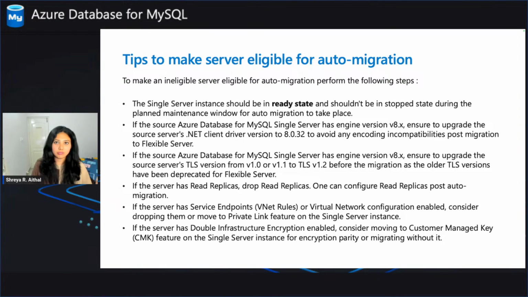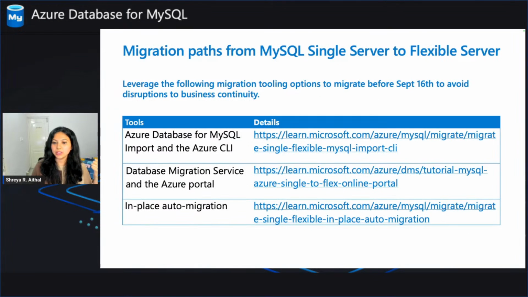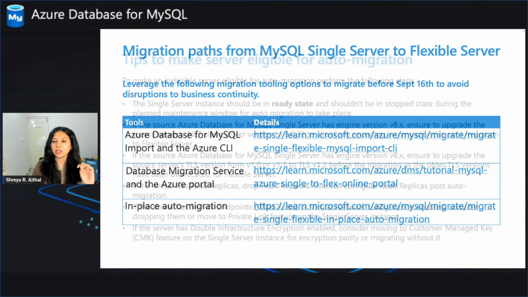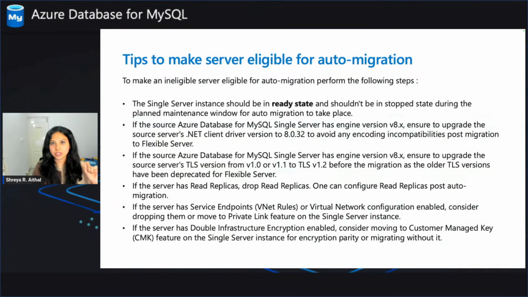So either use one of these tools, Azure MySQL import or Azure DMS, completely in your control, or use our auto migration facility by making your server ready. And then if you want it to be done immediately, raise an Azure support ticket and reach out to us. Good.